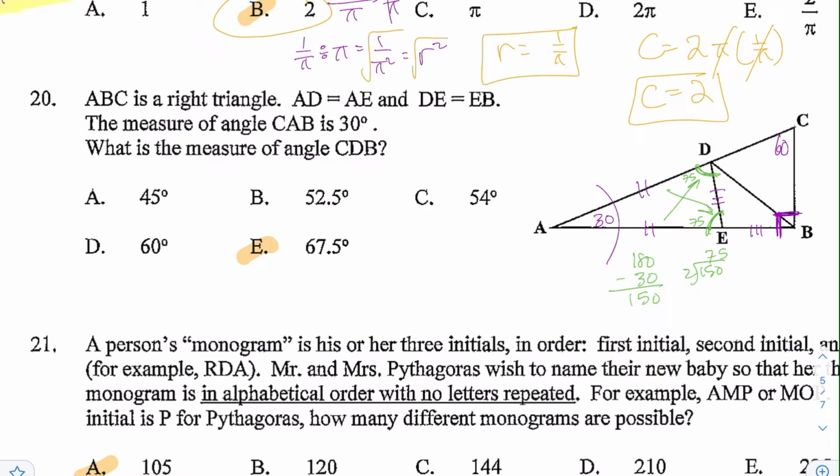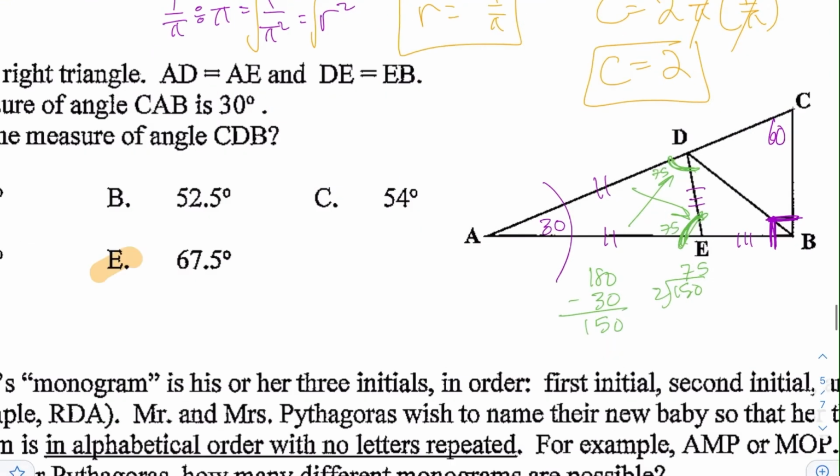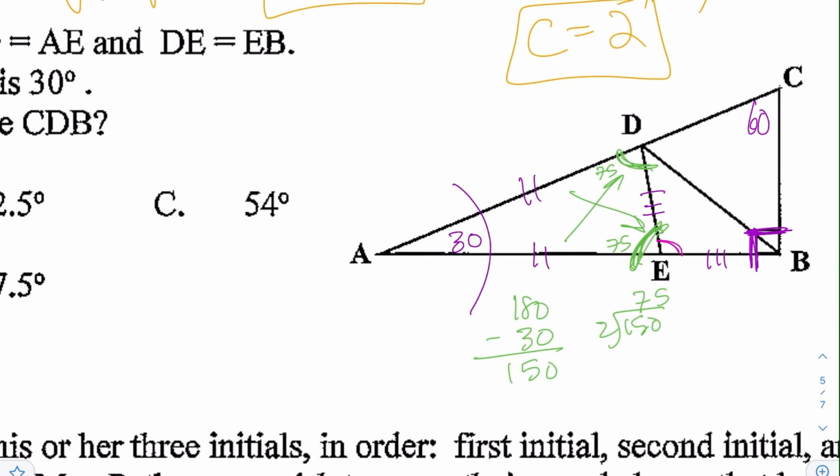Now once you have this angle is 75, the angle next to it, angle DEB, has to be its supplement. So supplementary angles add up to 180 degrees. So you have to take 180 minus 75, and you got 105.